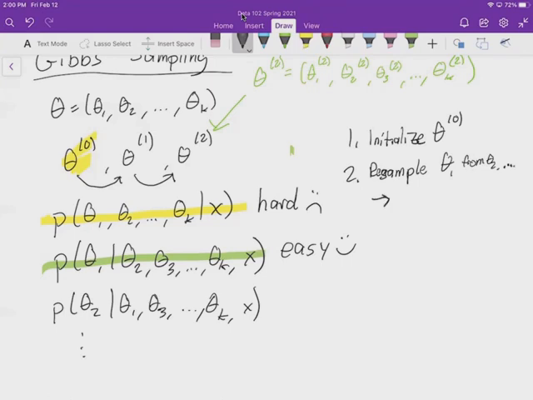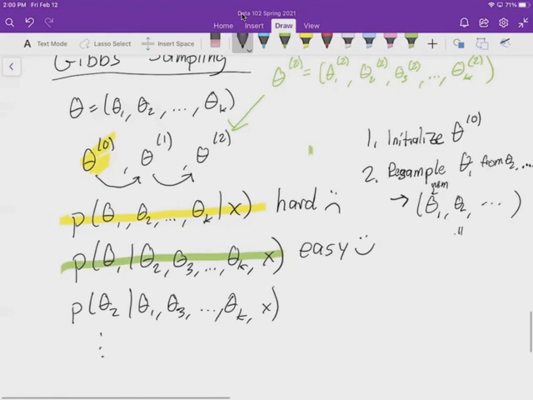And then that new vector, with your new theta 1 and your old theta 2, your old theta 3, and so on, is your new sample. Next, you're going to resample theta 2 and drop that in.